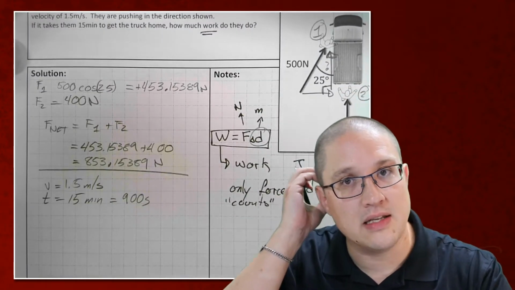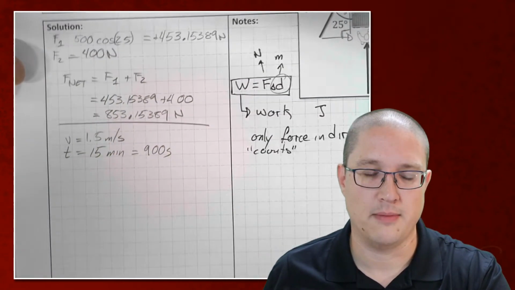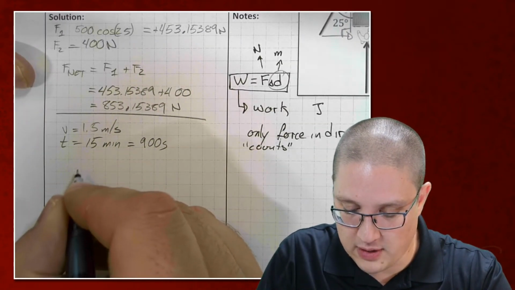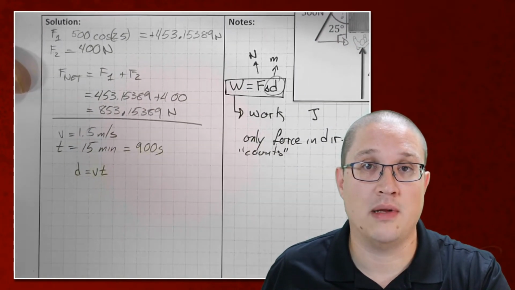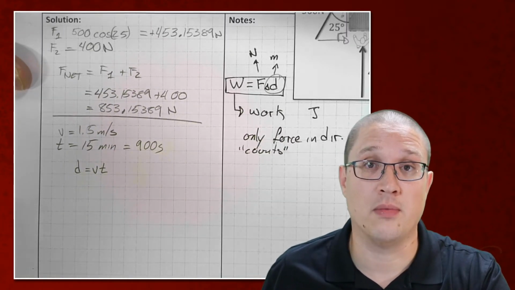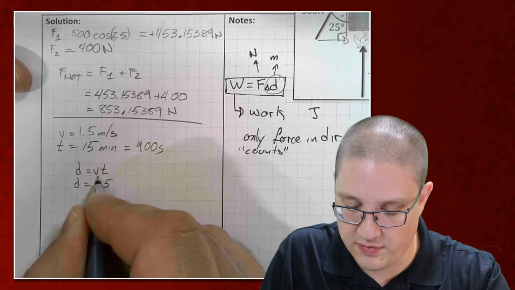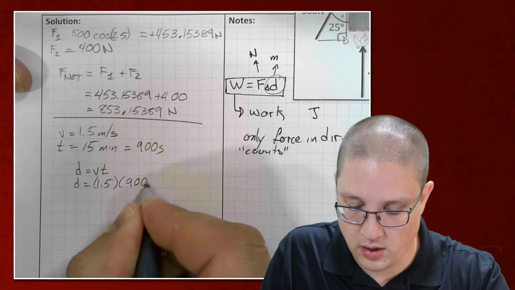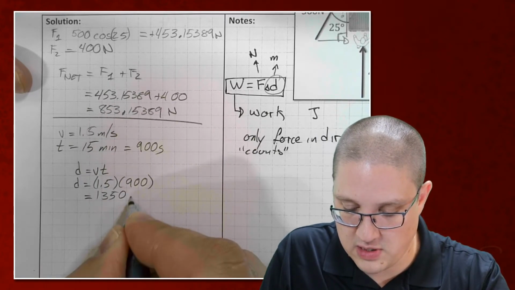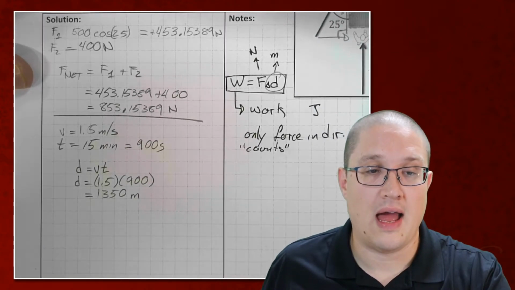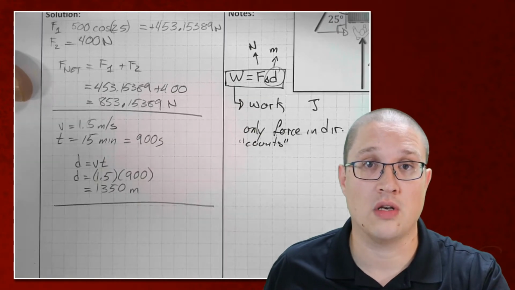Remember, meters, seconds, and kilograms are our standard units. Figuring this out, my distance is my velocity times time. That is a formula straight from your formula sheet and a really basic one from grade 10. Plugging that in, 1.5 times 900 works out to 1350 meters.